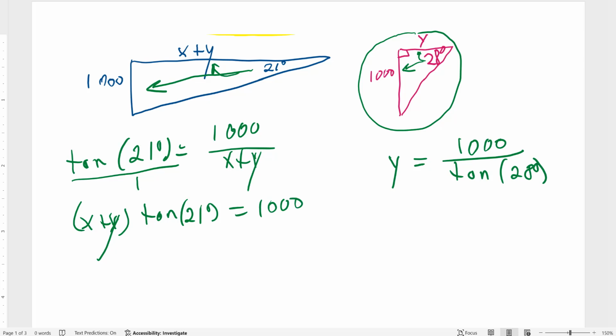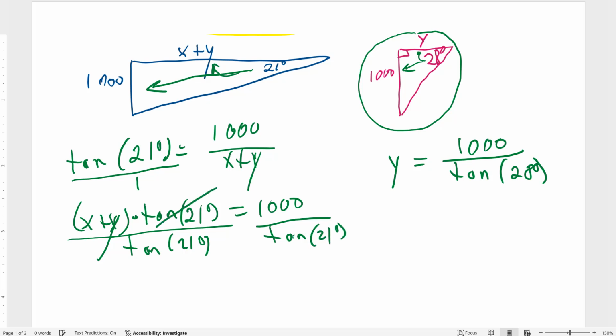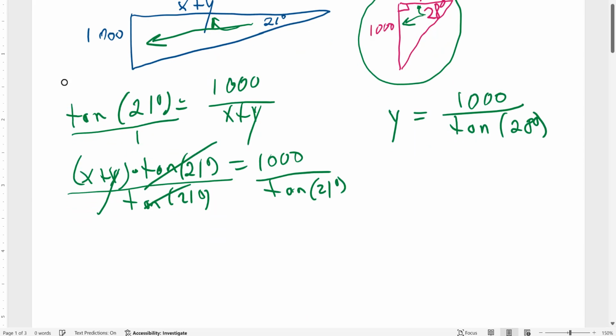Then, this stuff is being multiplied by the tangent, so I'm going to divide both sides by tangent to get that away from there. Those will cancel, and it leaves me on the left with just x plus y. On the right side, I have 1,000 over tangent of 21 degrees.